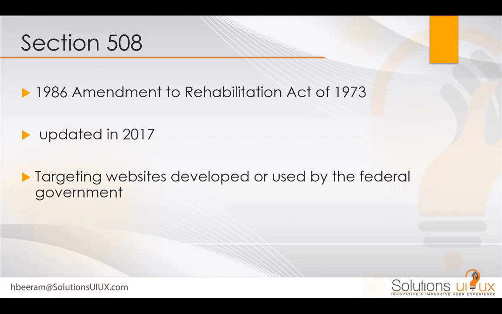If you are a vendor to the federal or state governments and you want to work with them, your website has to be completely accessible. So it's always in the best interest of for-profit organizations, if they want government contracts, to make their websites accessible before they even bid for the projects.